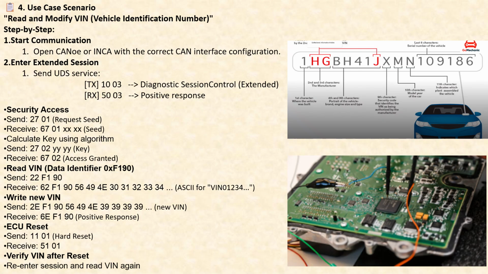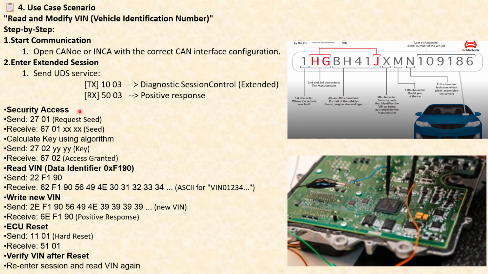So to proceed further, what is the use case scenario? We'll talk about one use case scenario. The purpose of this scenario is to read and modify the vehicle identification number. First is start communication: open CANoe or INCA with the correct CAN interface configuration. Next is entering the extended session. Send the UDS service with commands like TX 10 03 or 50 03.